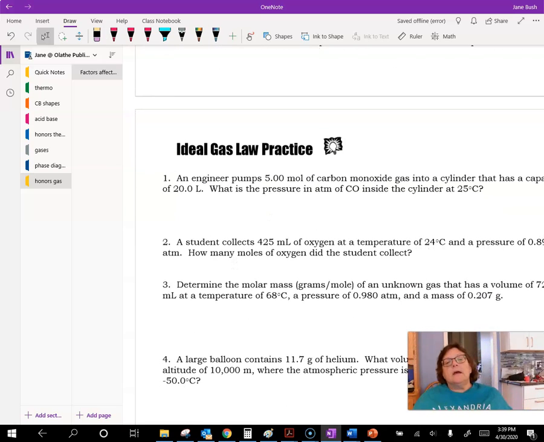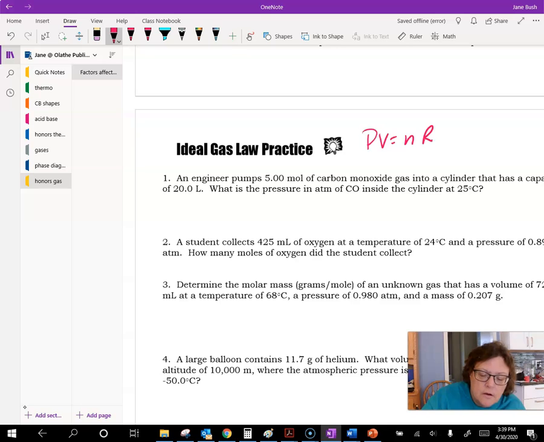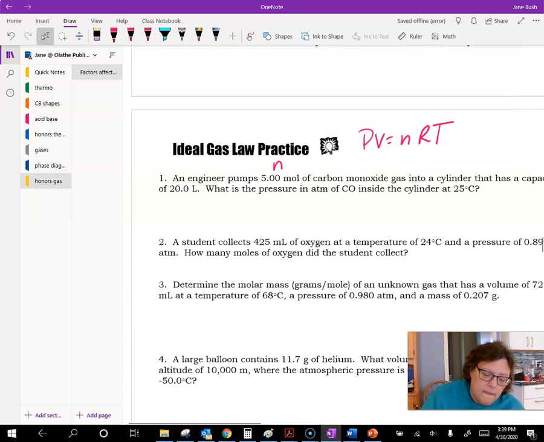Now, ideal gas law, we've got to use it. PV equals nRT. So let's go through and identify the first one. Here's n. There's volume. We're solving for pressure. Here's our temperature. So, pressure is what we're going to solve for.